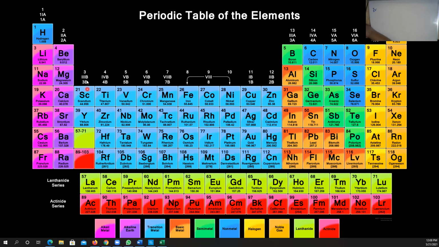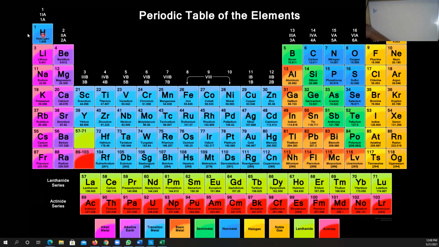Now, if we're going to figure out the corresponding energy level for each of these letters, which represent sublevels, we can look to the row number for each of the periods to find that principal energy level. So row 1 is going to represent our 1s group. Row 2 will be 2s, 3s, 4s, 5s, 6s, 7s.